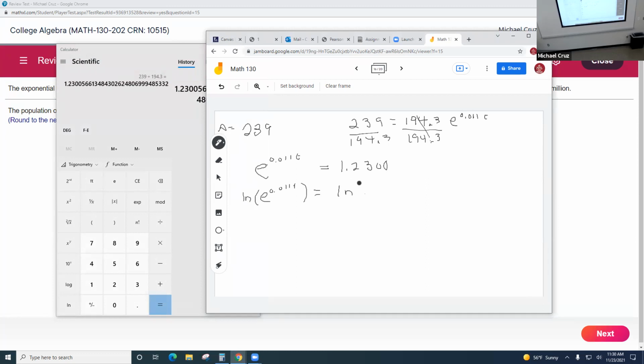All right, so then this is just going to give you the 0.011 t is equal to the ln of 1.23.